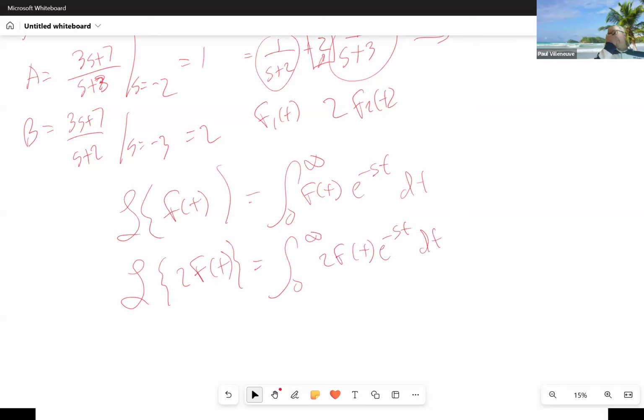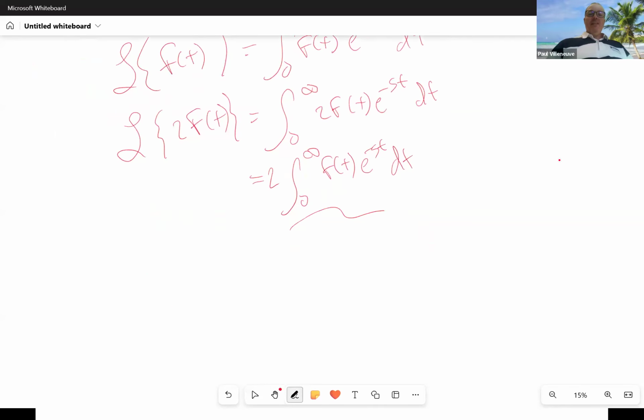When I integrate that expression, is 2 a variable of time? Absolutely not. So that becomes 2 times the integral. Well, isn't that the definition of F of s? So that's just 2 times F of s. So as long as I multiply by a constant, no problem. But if I multiply by a value that has an s in it, I can't do that.